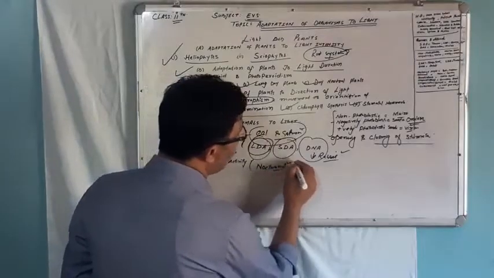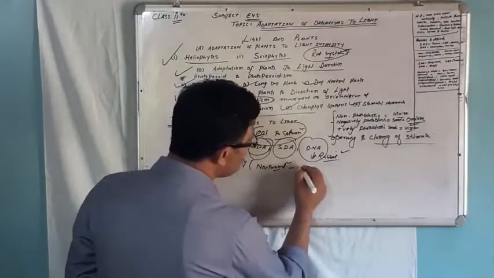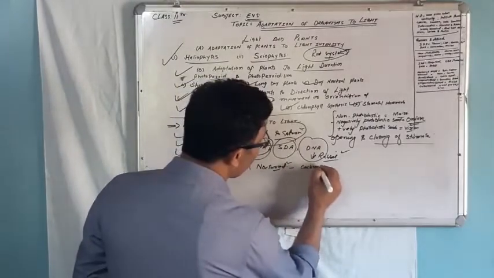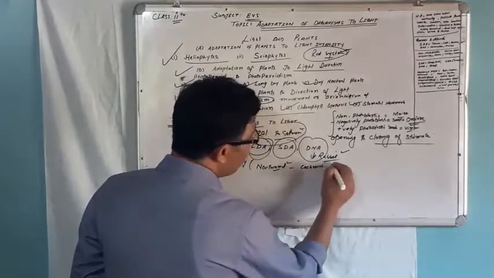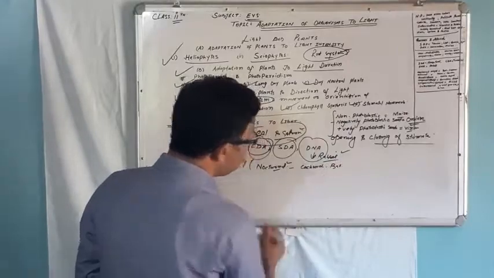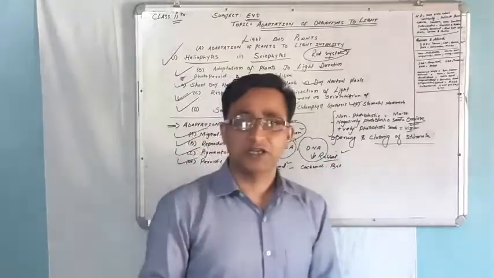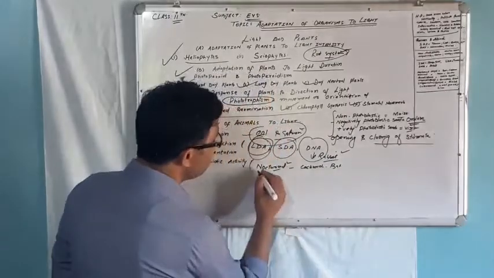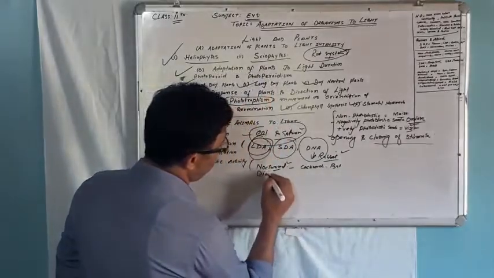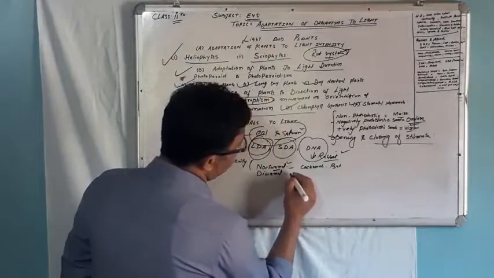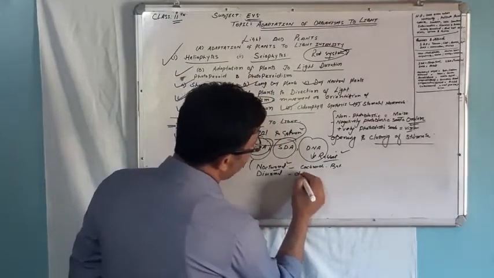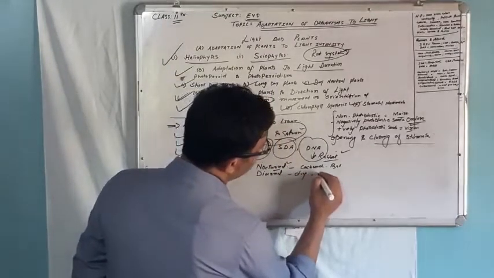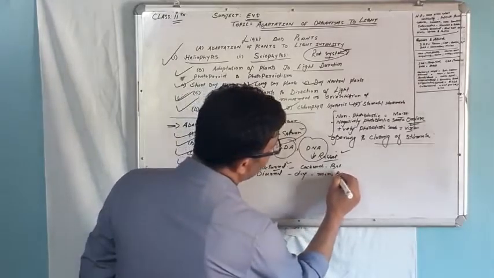Nocturnal animals are active during night, like cockroach and bat. One more category is diurnal animals. These are active during the day, like man, butterfly, etc.